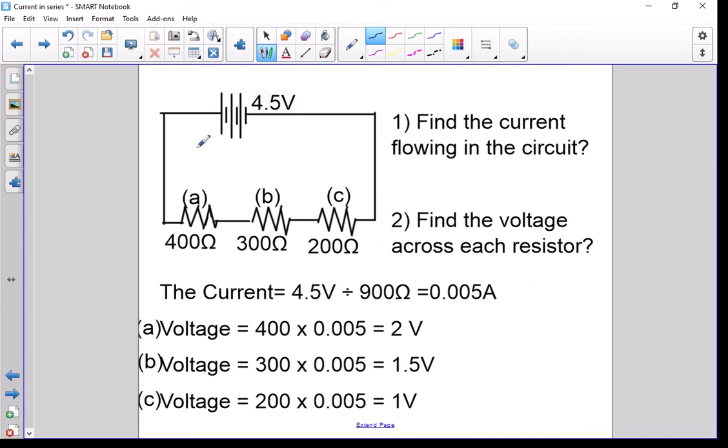So what that means is we've got 0.005 amps here, we've got 0.005 amps in the middle, and we've got 0.005 amps at the end.